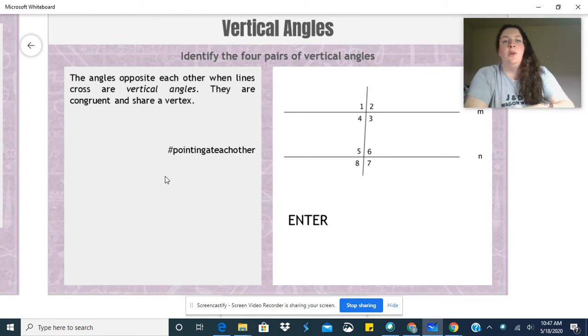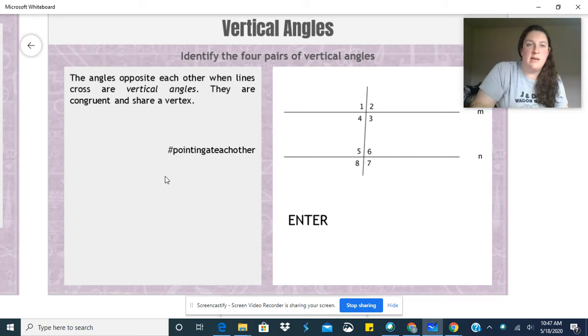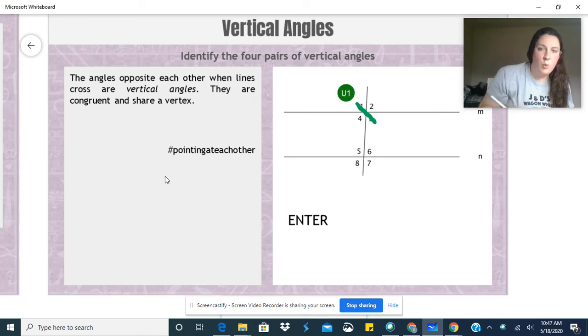So your 4 pair of vertical angles are what? The angles opposite each other when lines cross are vertical angles. They are congruent and share a vertex. So here you will have 1 and 3.